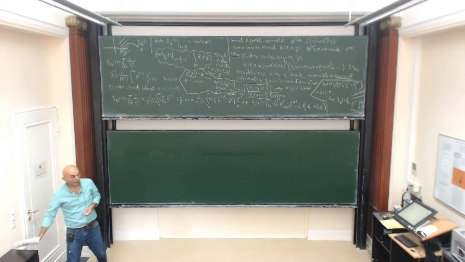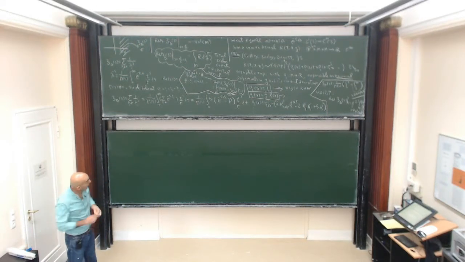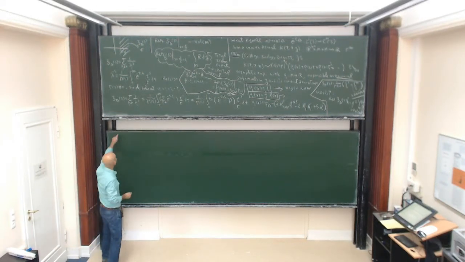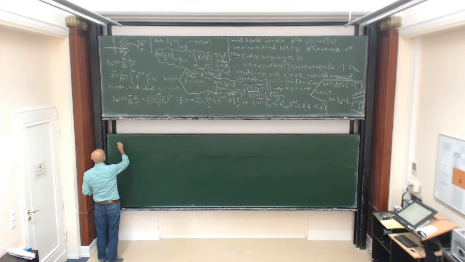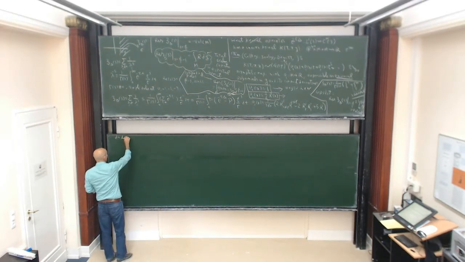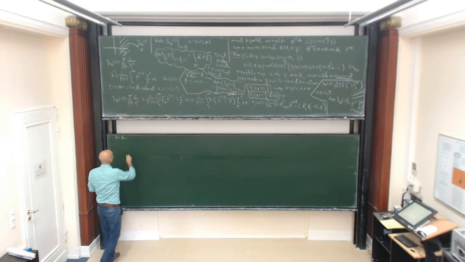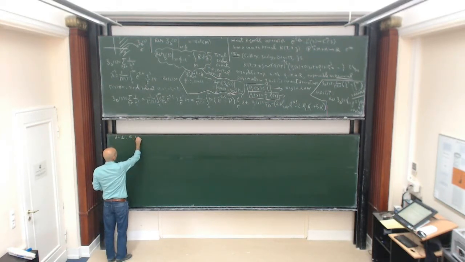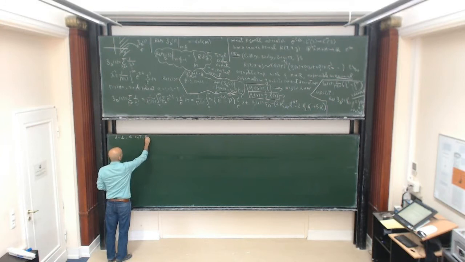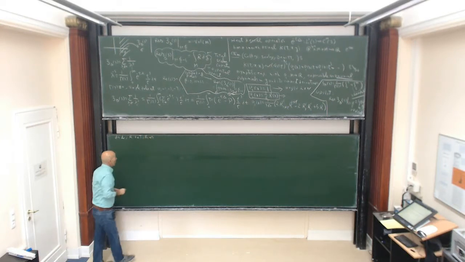So then you can read from those kinds of formulas that in dimension d equal to 2, this curvature R satisfies an equation. What is the equation?